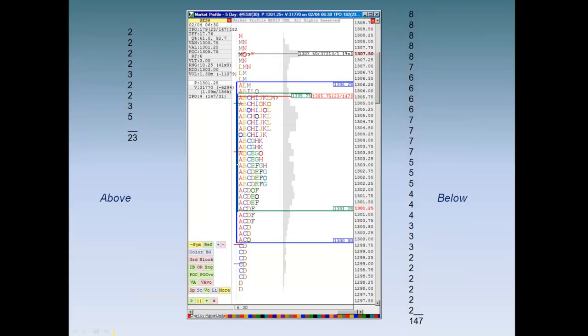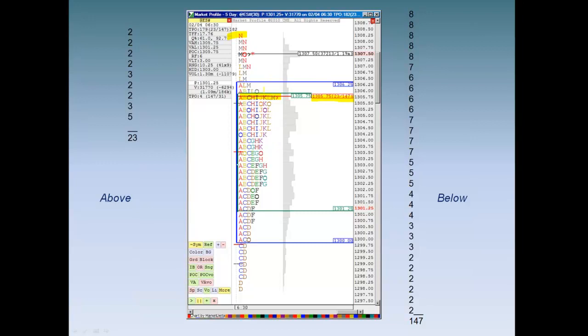So just so that you get an idea about how the calculation develops, I broke it out for you. If you take a look, this is where the POC is right here. And now remember, the single print is out, we don't look at that, and all the TPOs right at the POC we don't include in the calculation.